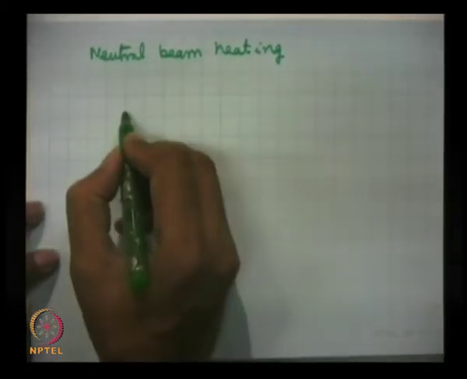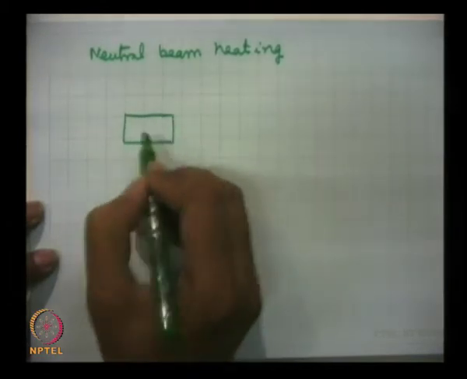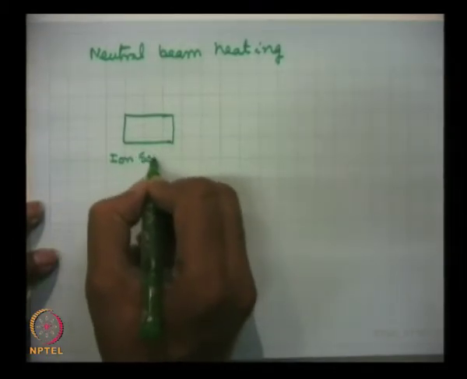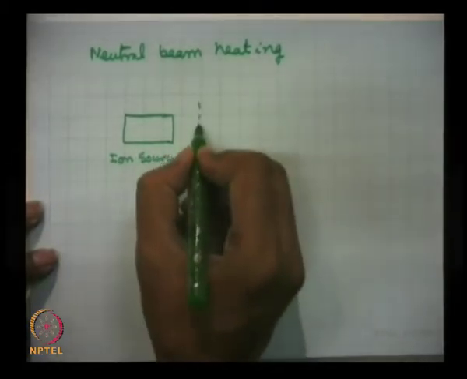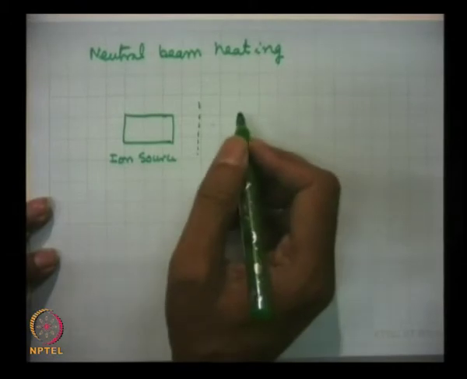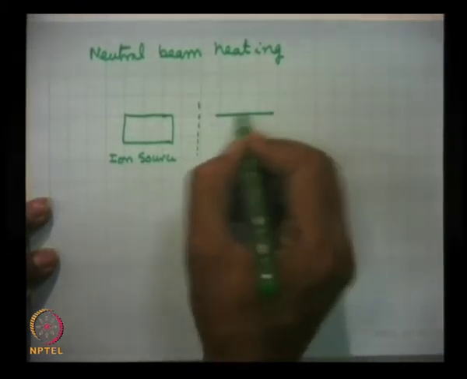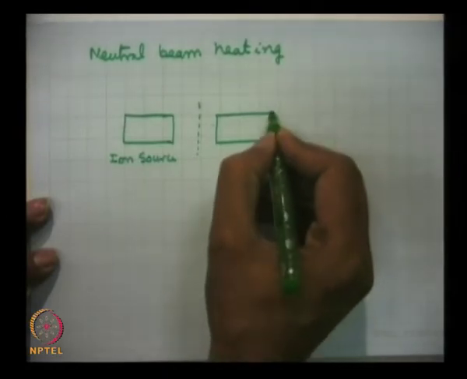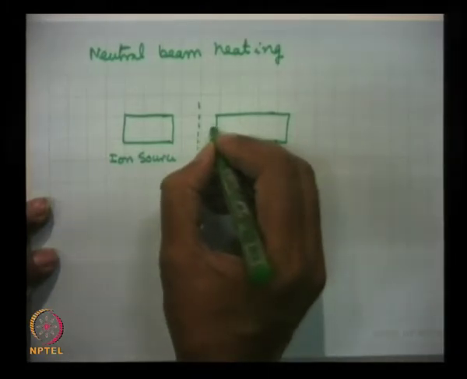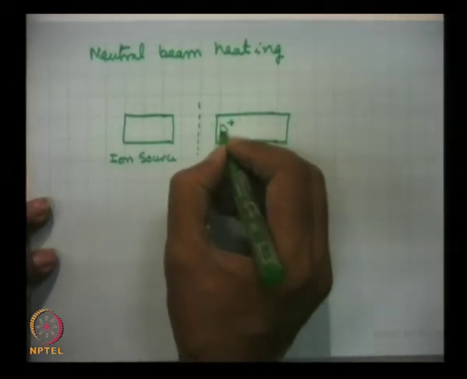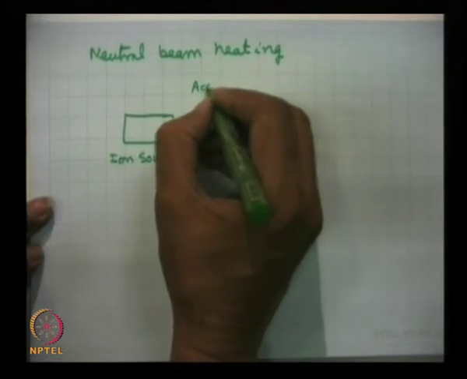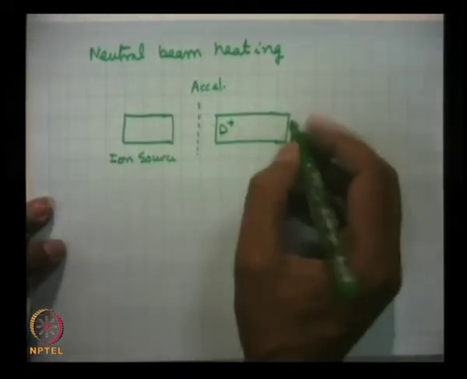You have an ion source here, the deuterium source, and there is an accelerator here, a negative grid with a large potential difference, so that the ions are pulled with large velocity, and then there is a charge exchanger or neutralizer, in which the deuterium ions enter. From the ion source deuterium ions are pulled, this is the accelerator, and these deuterium ions are then neutralized.